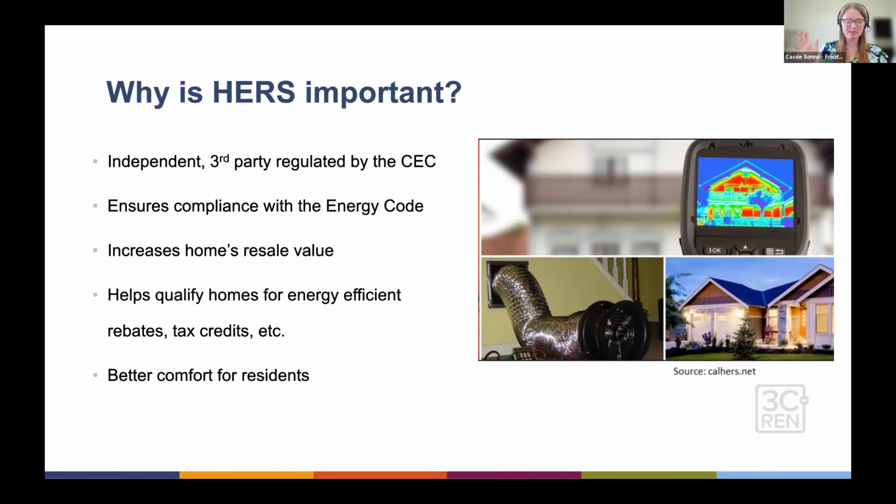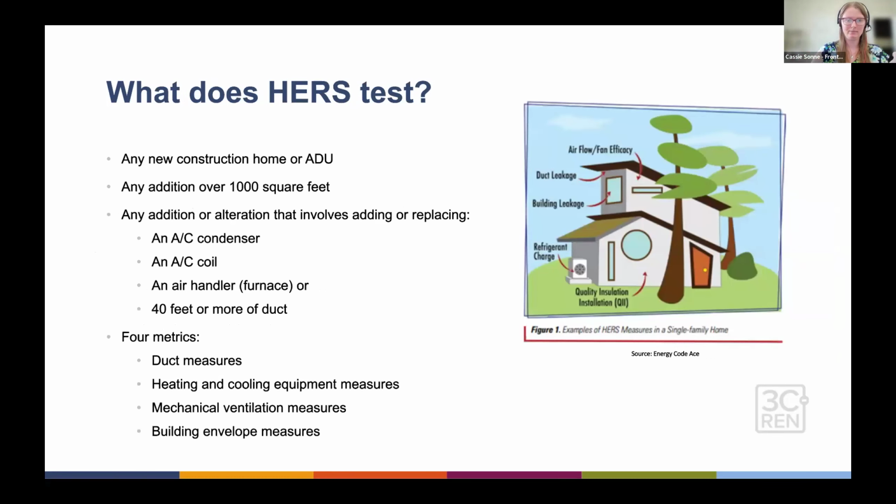And so HERS is important to make sure that gets done, because otherwise someone can spend a lot of money on a really fancy system and end up with no benefits if it's installed incorrectly, which doesn't tend to leave anyone too happy. At this point in time, I've hopefully convinced you that the HERS program is important.